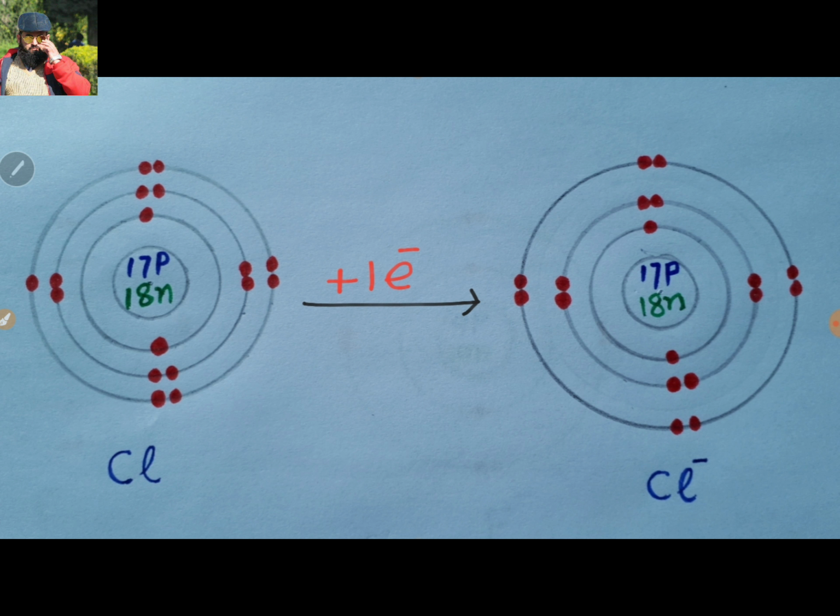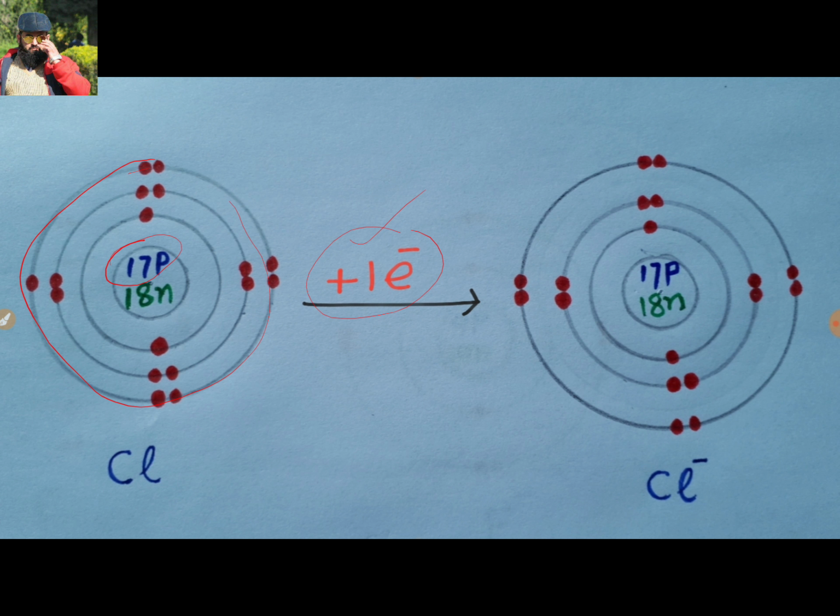Here in this picture you can see the chlorine atom, which has 7 electrons in its outermost shell. When it gets an electron from another atom, it has 17 protons and 17 electrons. Now the number of protons remains 17 and the number of electrons becomes 18.